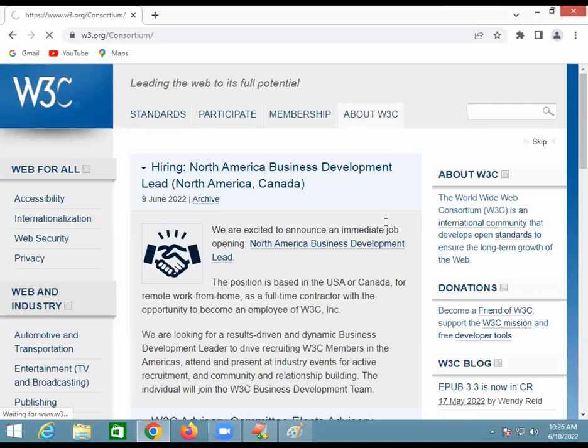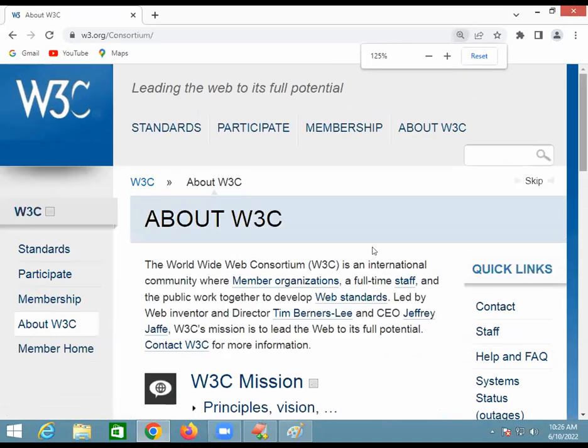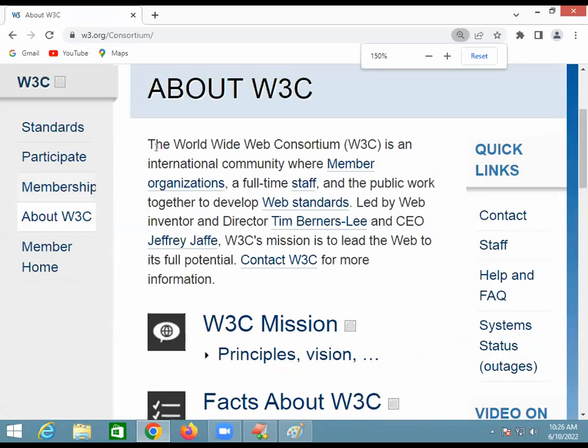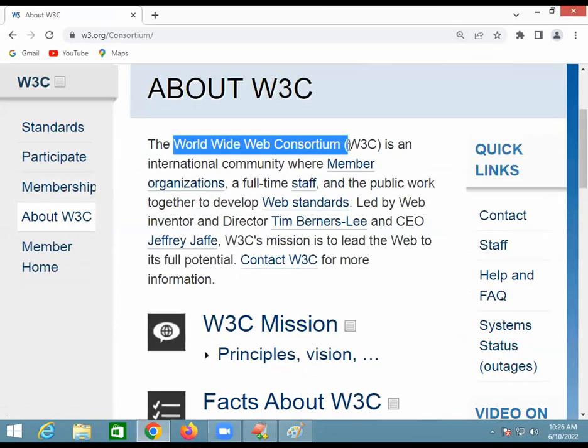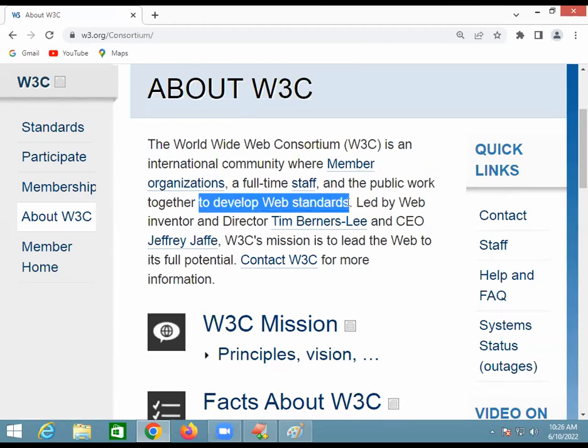See the small information about the W3C. World Wide Web Consortium. It is an international community where members are organizing. Members means we only, sir, some group of people. And what is the responsibility, sir? To develop web standards. The W3C's goal and responsibility is to develop the web standards.